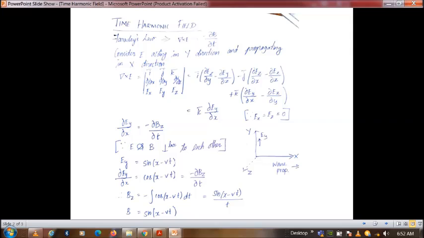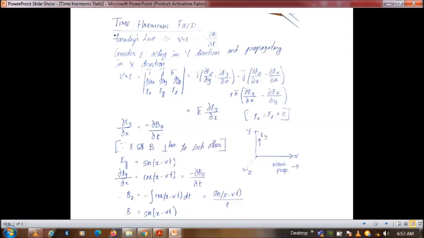If we consider the electric field intensity acting in the Y direction and propagating in the X direction, the resultant will be in the Z direction. So we will have k vector into dou Ey by dou x, because it is acting in the Y direction and varying with respect to X. Ex and Ez will be 0, because it is acting in the Y direction, so we have only dou Ey by dou x into k vector.